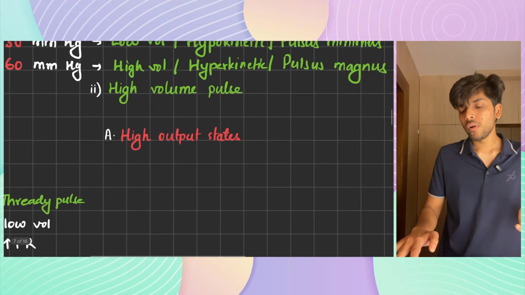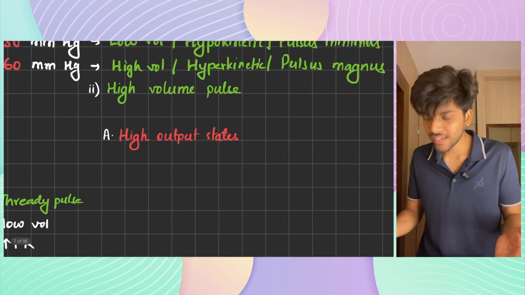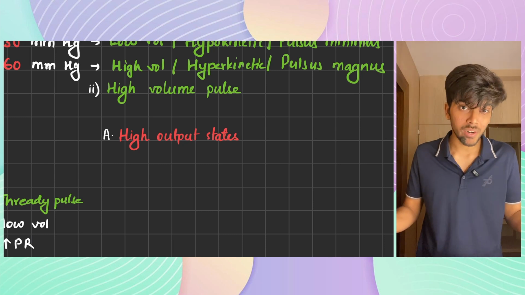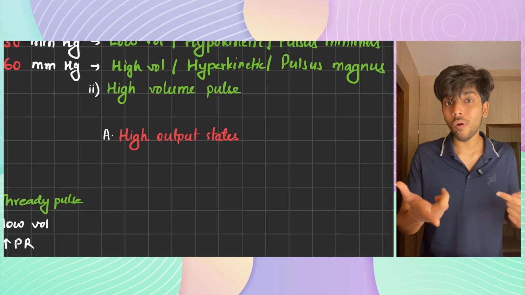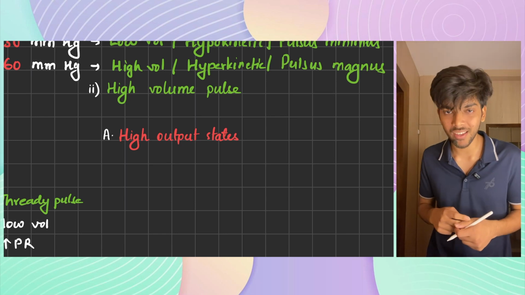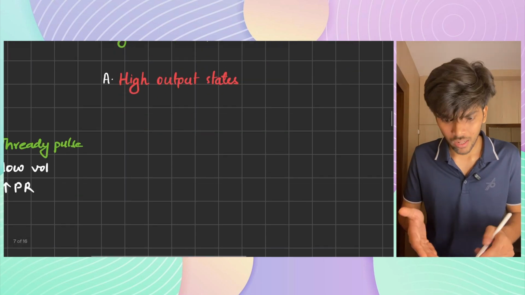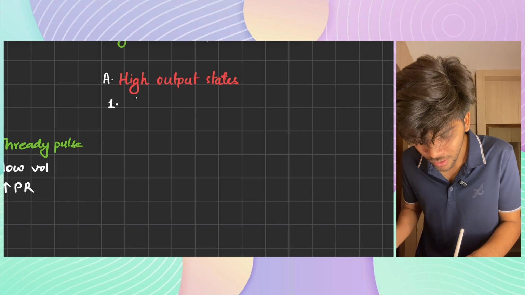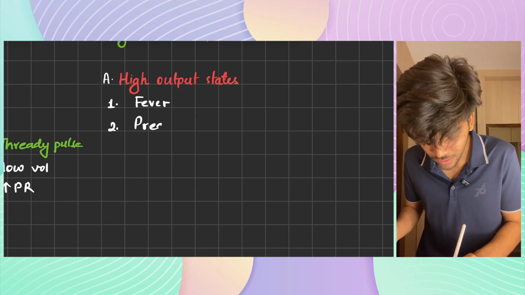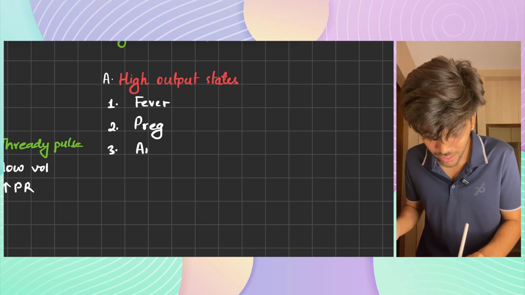If low volume pulse is as a result of low output states, then high volume pulse is as a result of high output states. And guess what? I've already asked you to mug up all the high output states under the topic of pathological causes of tachycardia. So tell me, fatafat. Number 1, fever. Number 2, pregnancy. Number 3, anemia.